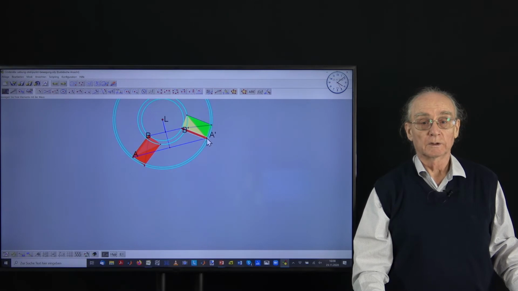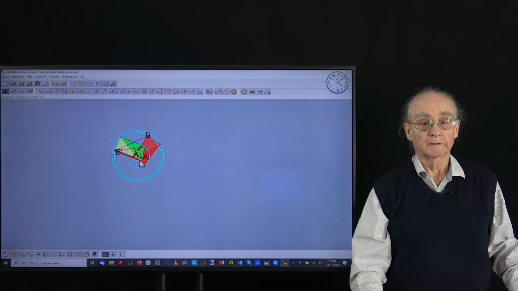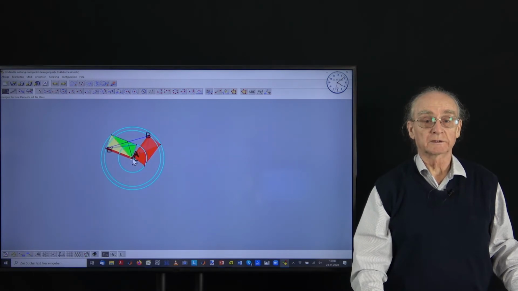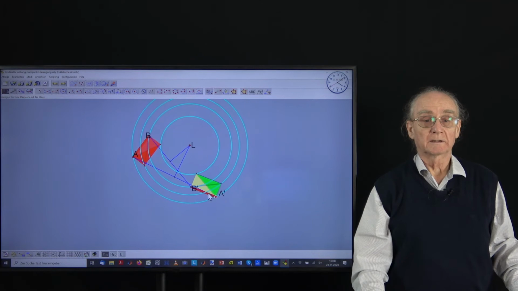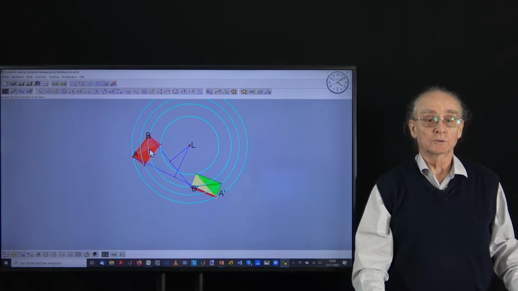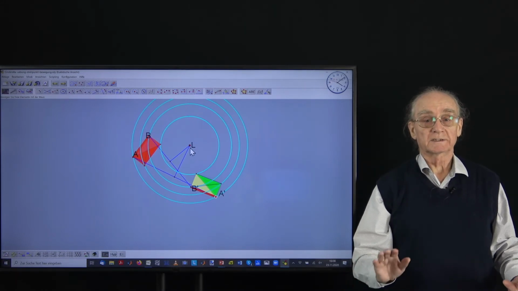Now let's assume we move the point A to the point A prime, so that they overlap. Then of course the center of rotation is the point A. So this shows that in 2D we can always describe a 2D motion as a rotation around a point. Now go one step further.